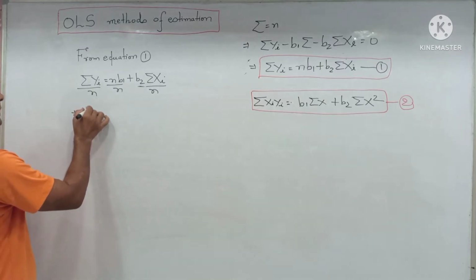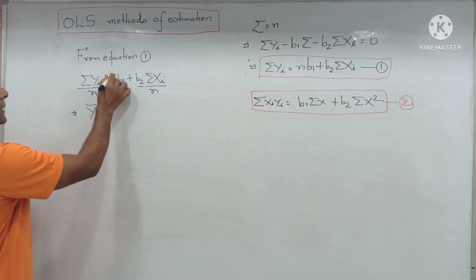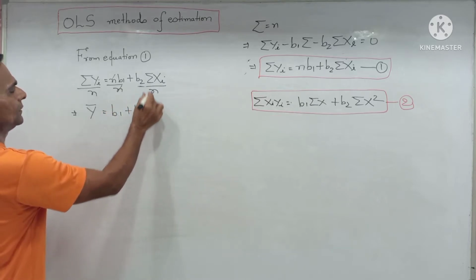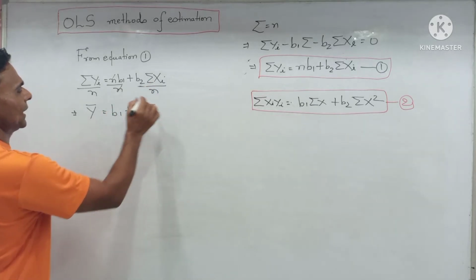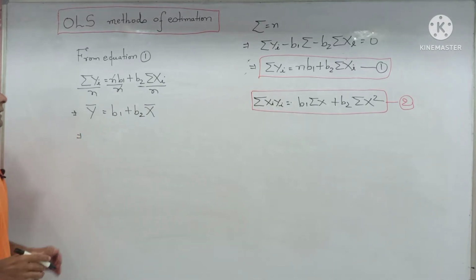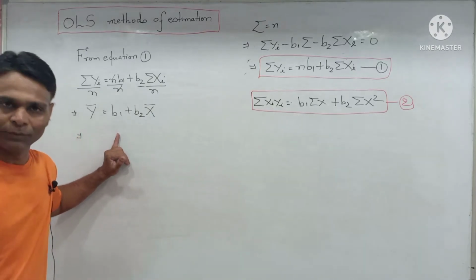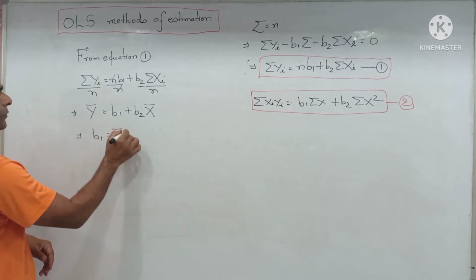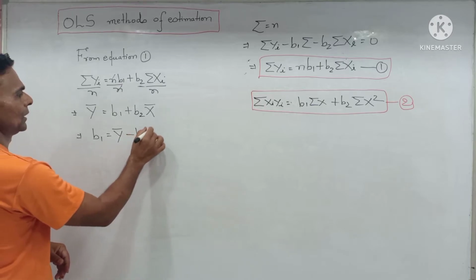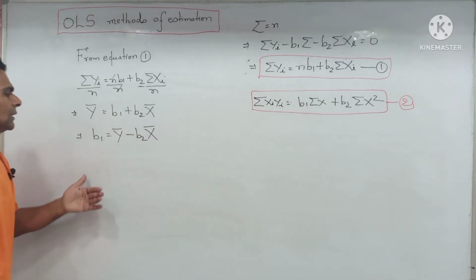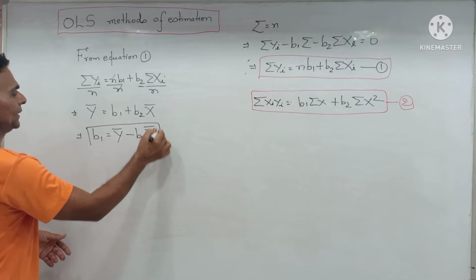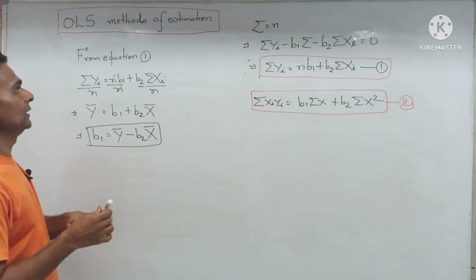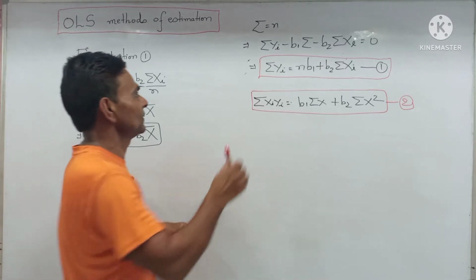So it becomes mean y equals b1 plus b2 mean x, and we can solve for b1 equal to mean y minus b2 mean x. This is the value of the population parameter b1.